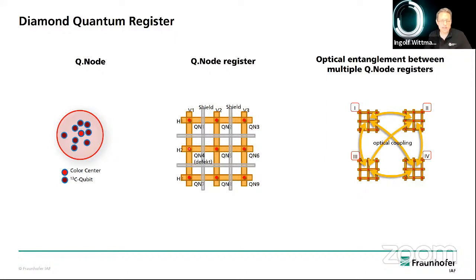So that's just an idea how to build quantum registers or small-scale processors. And as I mentioned, for some of the applications, you really do not need hundreds of qubits. In some of the use cases, maybe 10, 20, or 30 qubits are good enough to run a possible application.